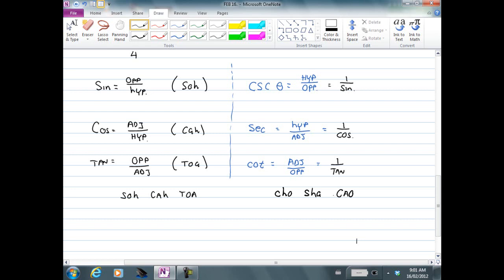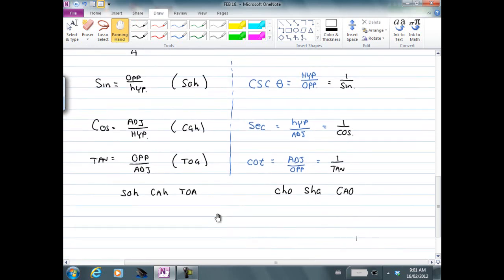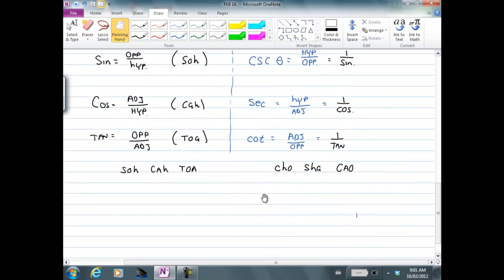So guys, gals, your Chinese word of the day is cho sha cow. Go in China and say that, see what happens. If you get mugged or whatever, don't blame me. That's your Chinese word of the day. What is her bowing to? This is SOHCAHTOA. In China, we call it cho sha cow.